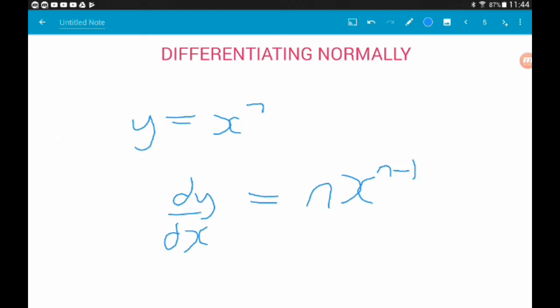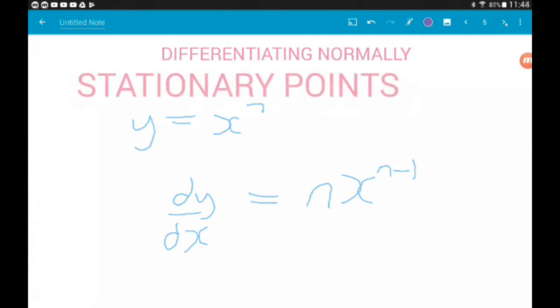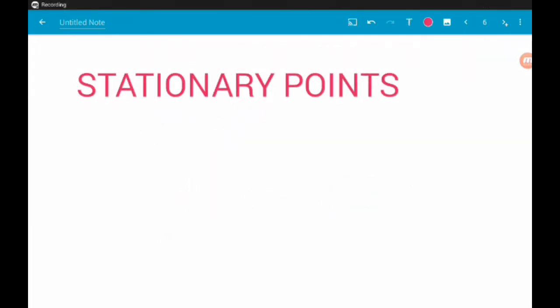So all that happens here, the power goes down in front of the function, multiplies it, and then the power goes down by 1. So we're going to be using that on single terms, functions, and then we're also going to use differentiation to find tangent equations and also what are called normals. Now a normal is a perpendicular line to a tangent.